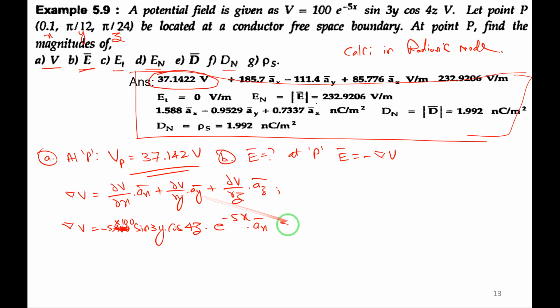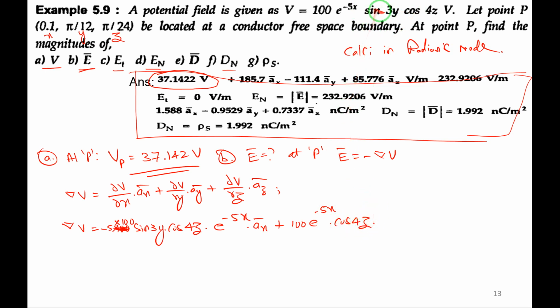Next, with respect to y. So 100 e to the power of minus 5x cos 4z is constant. Let me write it: 100 e to the power of minus 5x cos 4z.